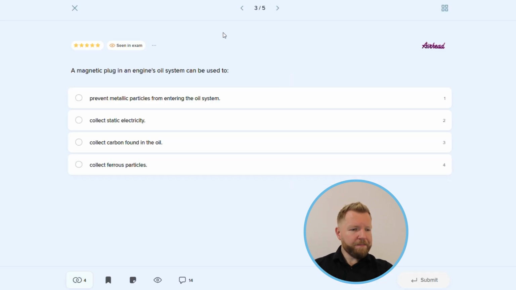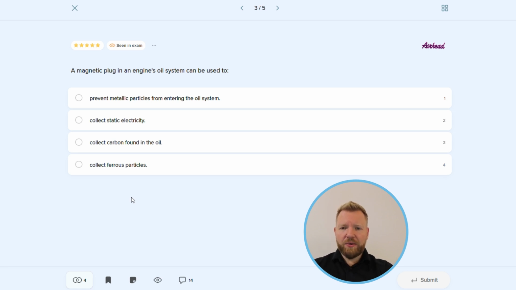Question number 3. A magnetic plug in an engine's oil system can be used to prevent metallic particles from entering the oil system, collect static electricity, collect carbon found in the oil, or collect ferrous particles. So, the magnetic plug, or as commonly known, a magnetic chip detector, might be installed in the scavenge lines of the oil system.